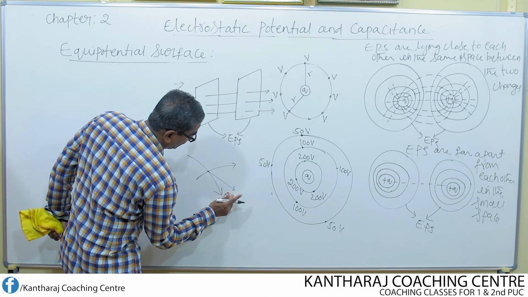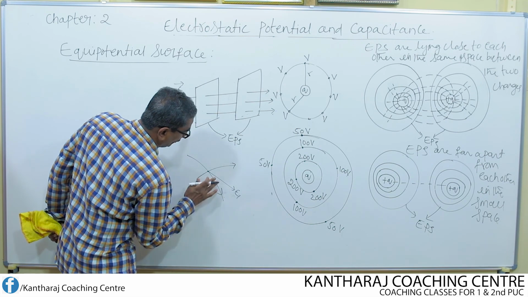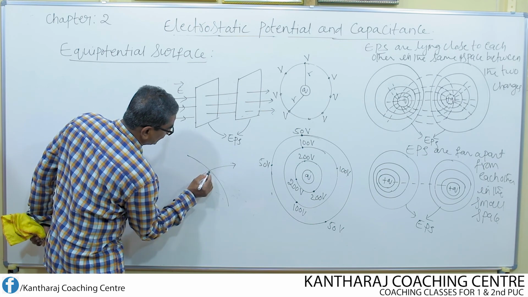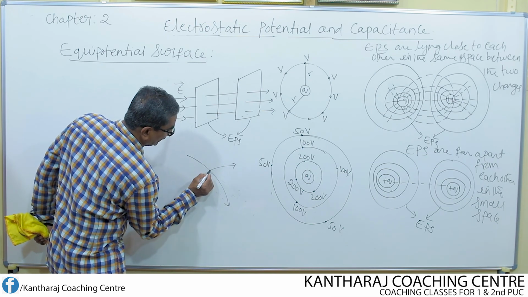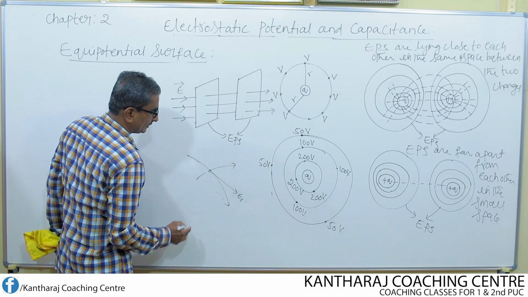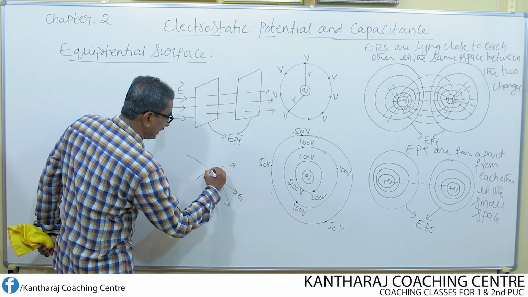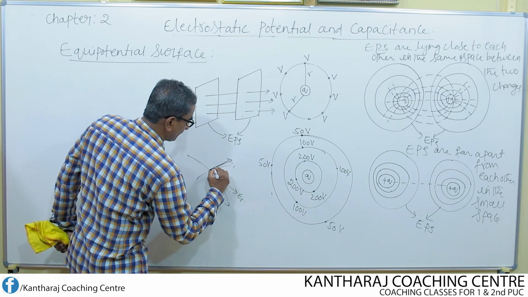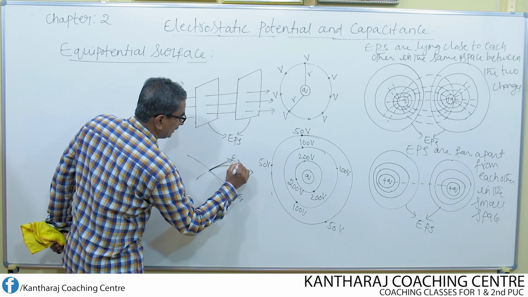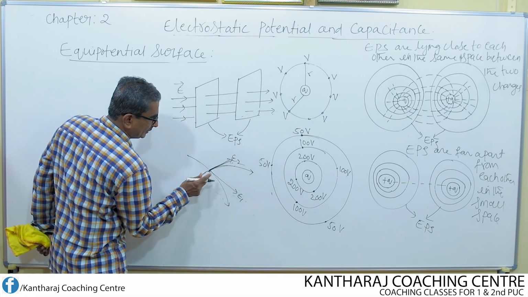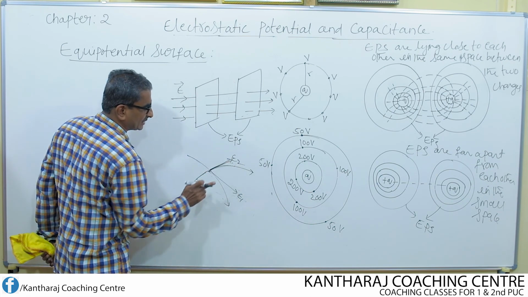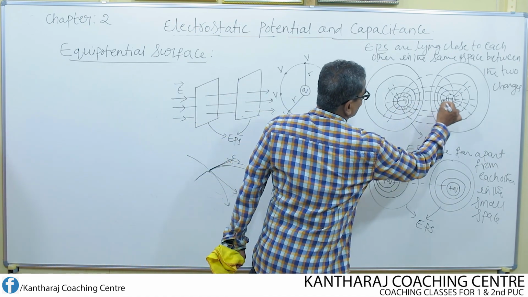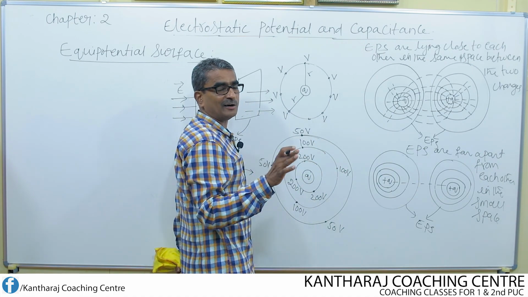One field direction should be like this, E1. How will be the field direction? The field direction is always tangential to the electric field line. And for this second electric field line, if I draw one more tangent like this, this becomes another field direction. That means at one single point, one field direction like this and another like this is not possible.